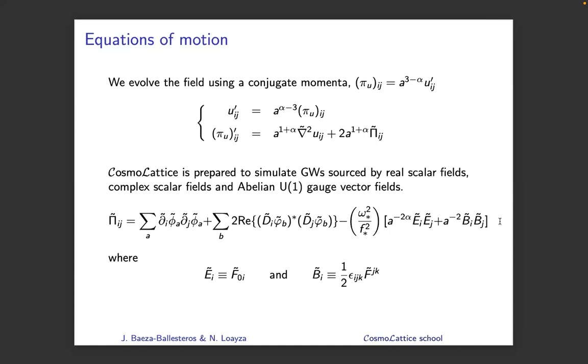You write down the energy momentum tensor of your Lagrangian, and then you just take the anisotropic part of the spatial component, and you arrive at this formula. You have to work a little bit to get the electric and magnetic fields here, but you can do that exercise. And it's very important, the minus sign here. It can seem weird, but it's actually important that it goes like that.